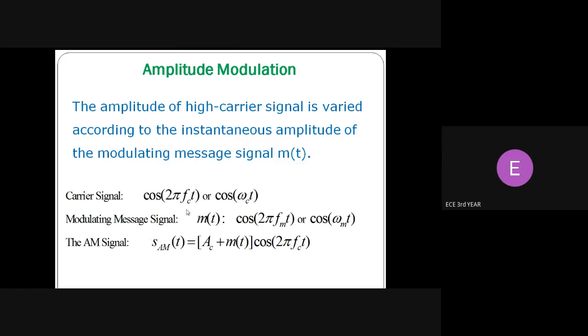After modulating the carrier signal based upon the message signal, we finally get the amplitude modulated signal, indicated as s_AM(t) equals (Ac plus m(t)) cos 2 pi fct. So this is the final amplitude modulated signal equation.